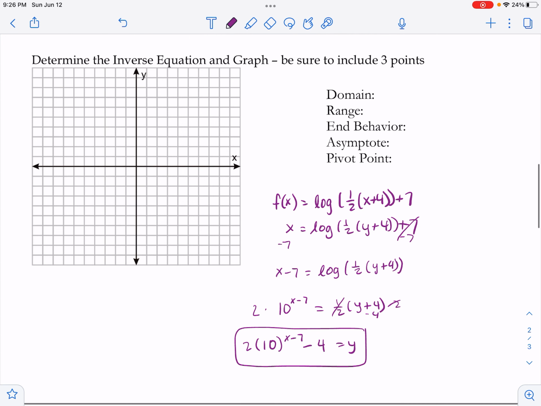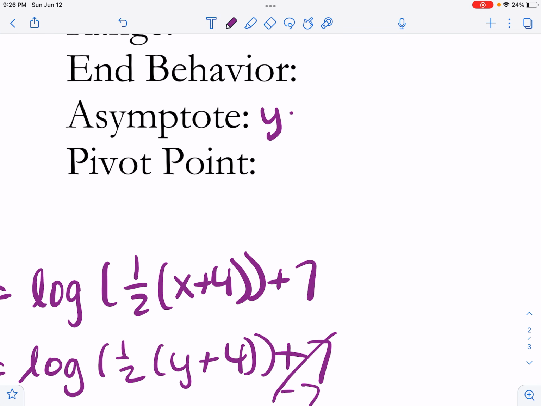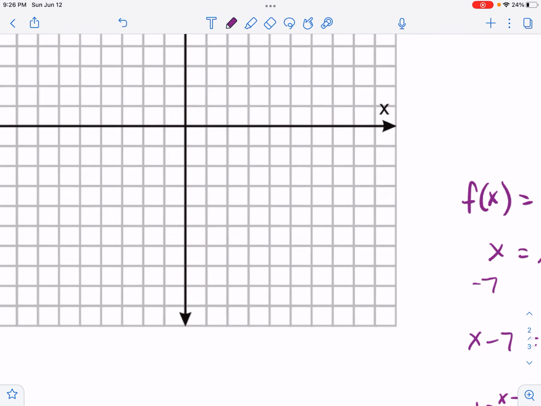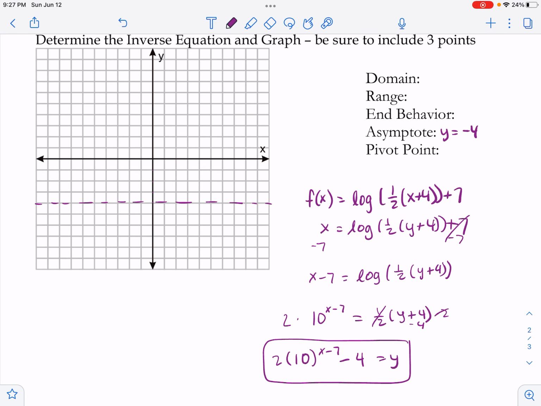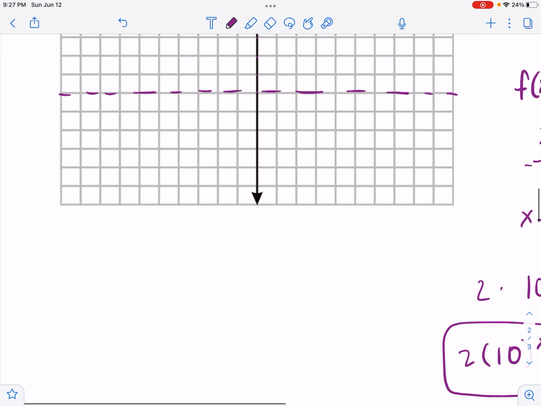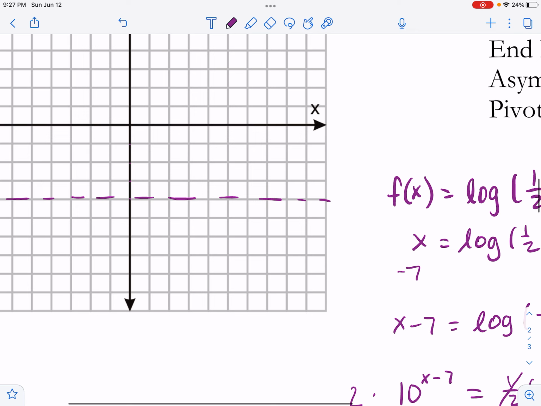And since it's an exponential form, we know that our asymptote is going to be -4 again, but it's going to be horizontal. So if we plot our -4, so 1, 2, 3, 4, so this would be our horizontal asymptote. And then also we know our point is 1, 2, 3, 4, 5, 6, 7 here.